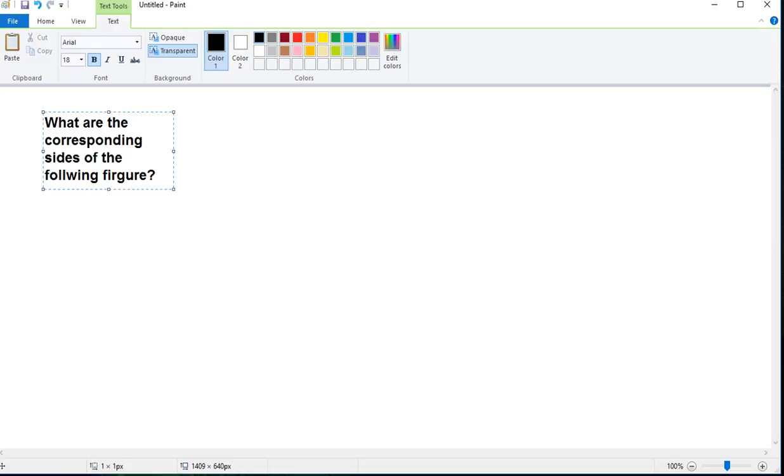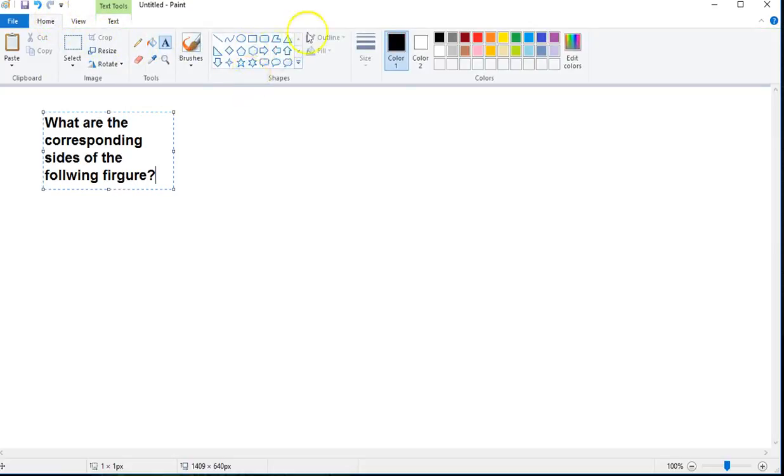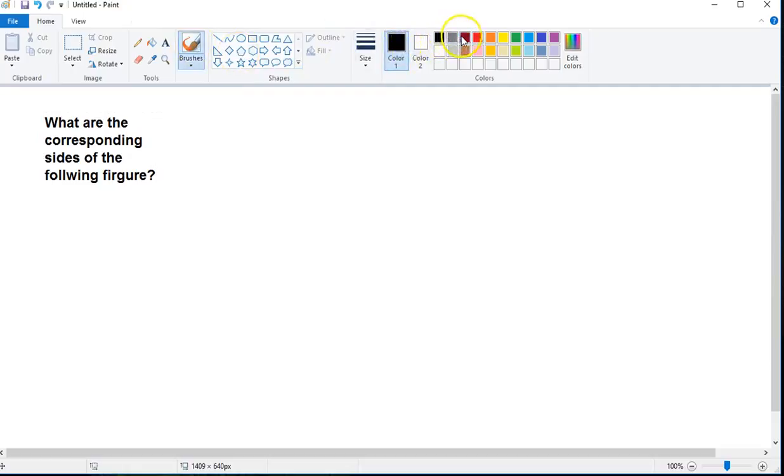Alright, so what are the corresponding sides of the following figure? I'm going to use the brush tool to draw it.